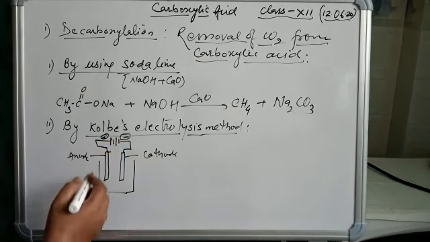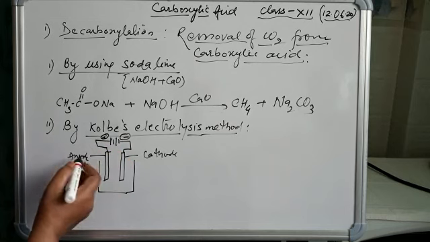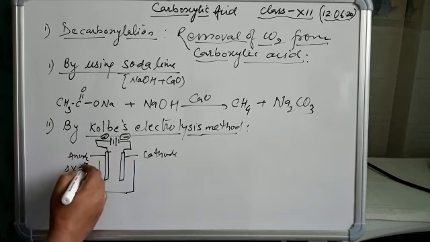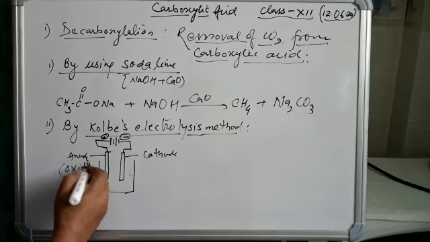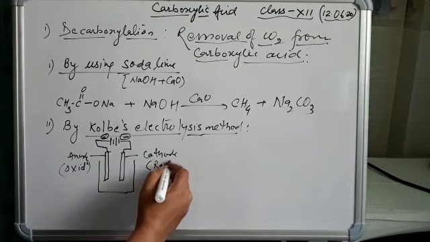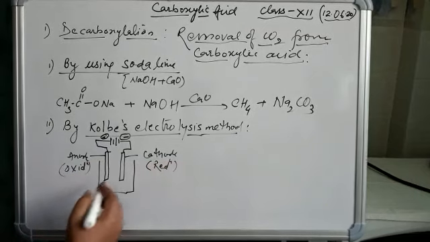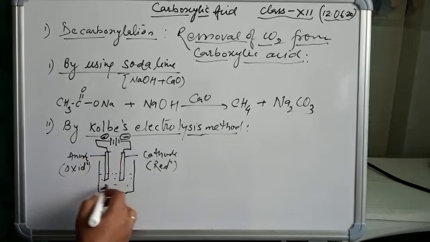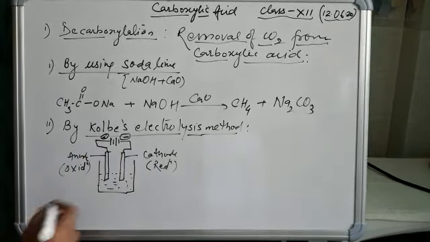In this electrolytic cell, as we know, at the anode, oxidation process takes place, and at the cathode, reduction process takes place, in which the solution of sodium ethanoate is kept.